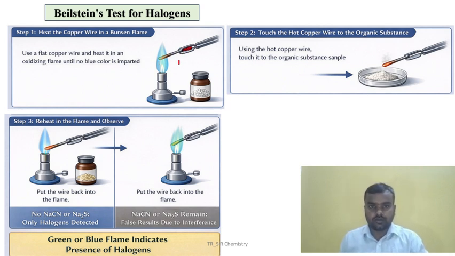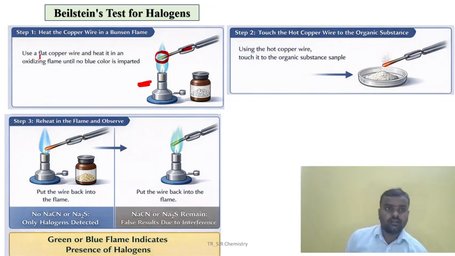Now this copper wire, we just flatten it, right? We keep it on the Bunsen burner flame. We have to heat until no color is imparted, right? As you can see here, I use a flat copper wire, heat it in an oxidizing flame until no blue color is imparted. Then reheat the flame.